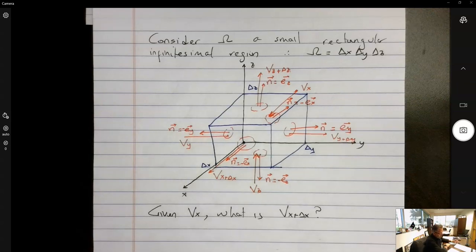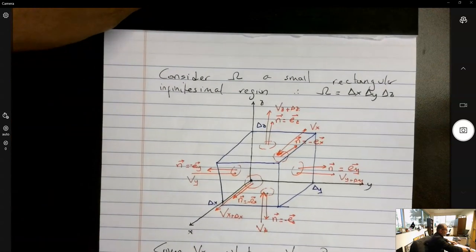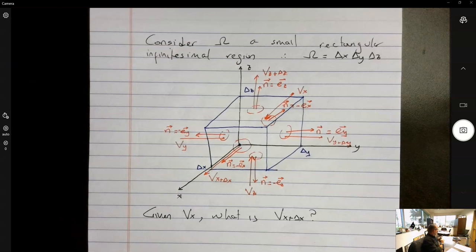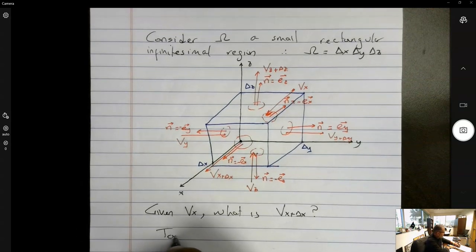What is that? In order to do that, anytime we want to expand the value of some function at any particular point, we use the trick of a Taylor series.